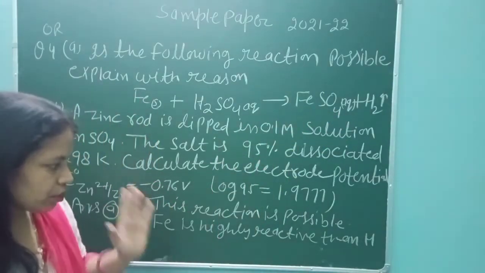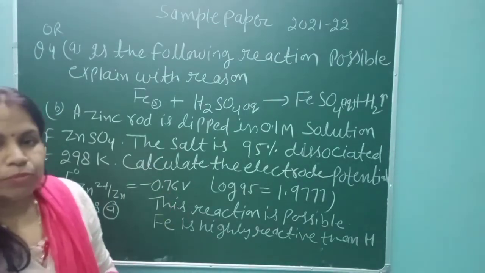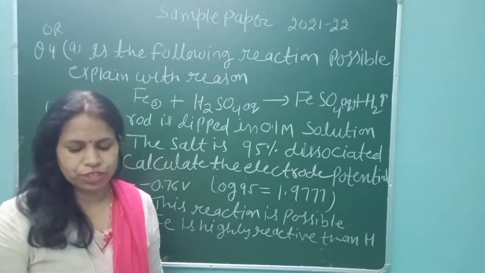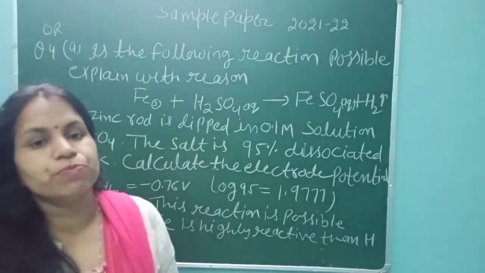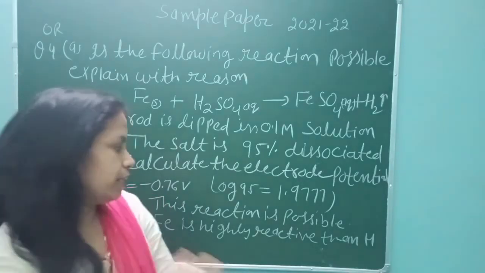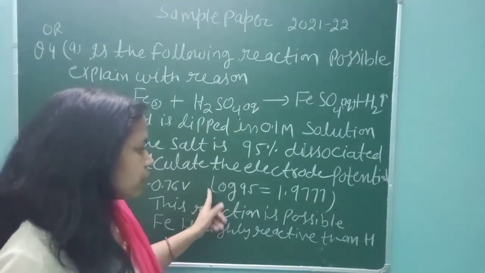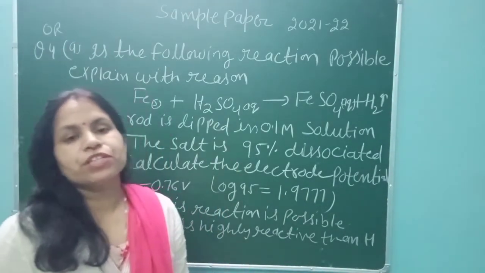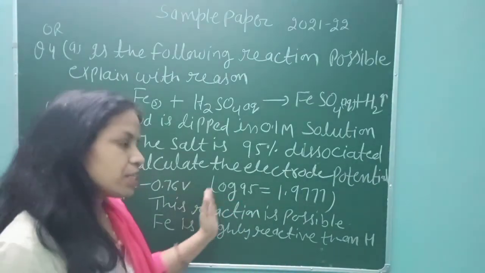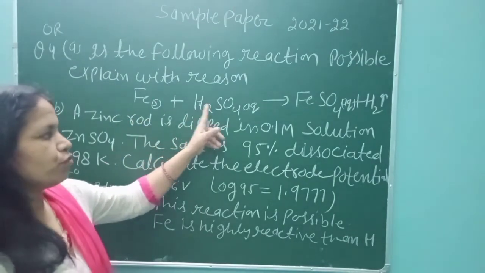And the second answer to this question is that Fe is present below hydrogen and its electrode potential is more negative. The electrode potential of hydrogen is 0 and the electrode potential of iron is minus 0.76 volt. So its electrode potential is more negative. It is present below hydrogen and Fe is more reactive than hydrogen, so it replaces hydrogen from the acid.